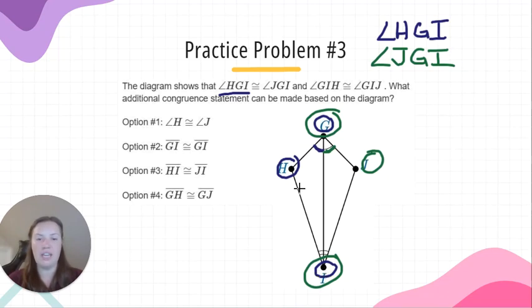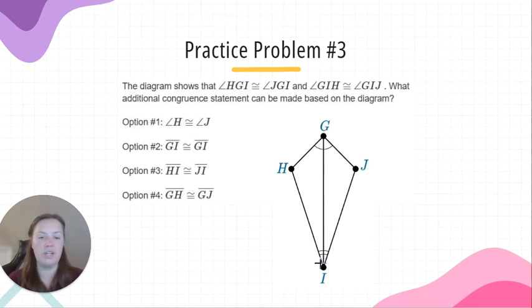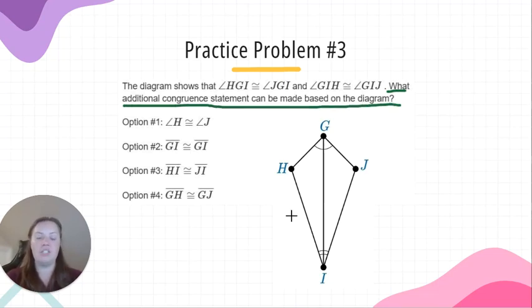It's also saying that GIH, which is this one here, and GIJ are also congruent. I'm going to erase this because we actually already have our arc marks here showing that these angles are congruent to each other. We're asked, what additional congruent statement must be made based on the diagram?